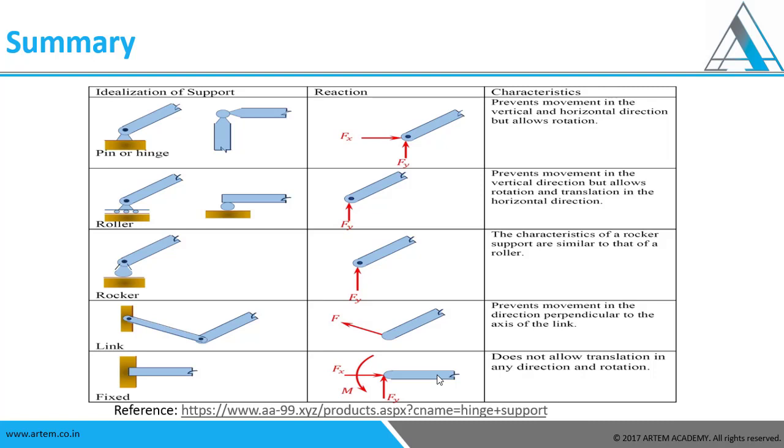Links are the best example for bridges or welded regions. Fixed support does not allow translations or rotations in any direction. This is about the fixed condition. Hope it gave good insight into when to use which type of support, and how to replicate real scenarios according to the physics of the model in the simulation process.